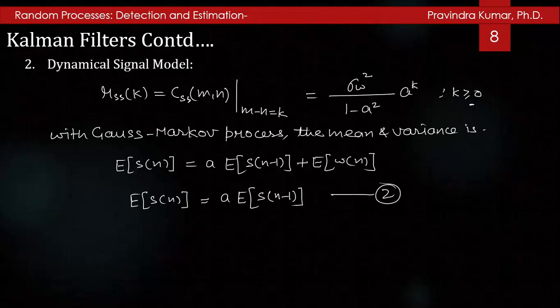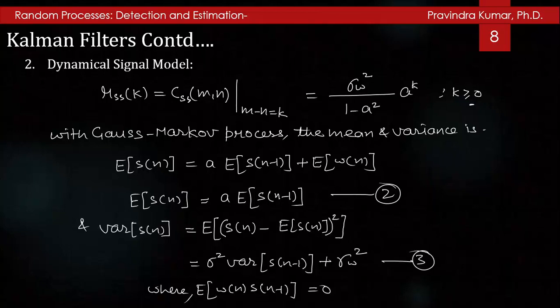And variance of Sn, the expected value of the whole square of Sn minus expected value of Sn, will be a square variance of Sn minus 1 plus sigma omega square, where expected value of omega n and Sn minus 1 is 0. The second and third equations are termed the mean and variance propagation equations.